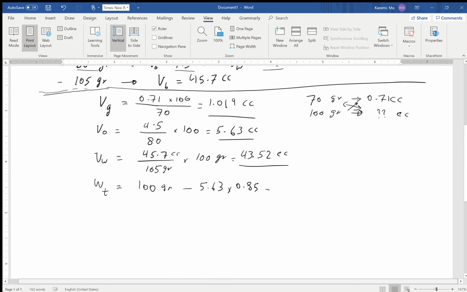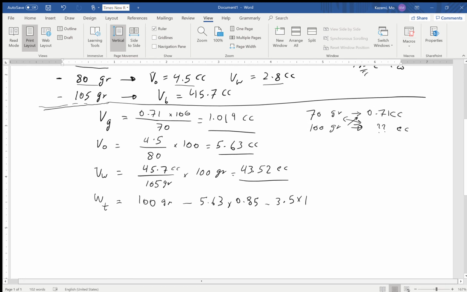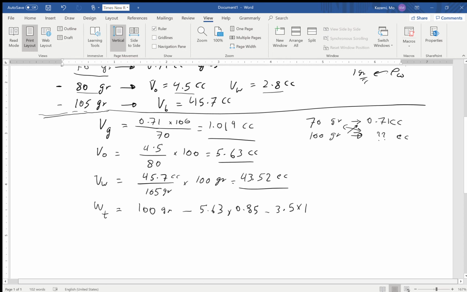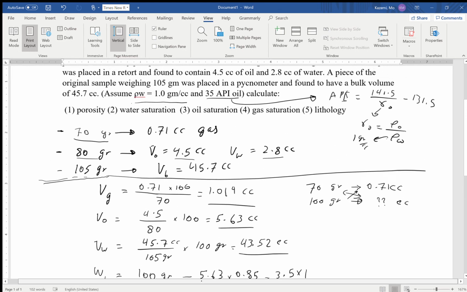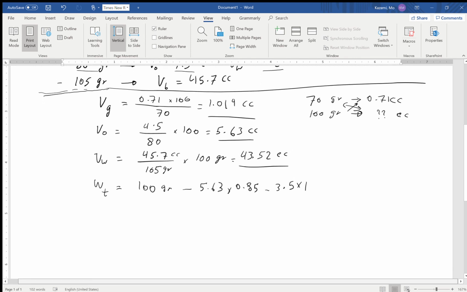And then this minus 3.5 multiplied by 1. Well, no, it shouldn't be 3.5. This should be the volume of the water in a 100 gram sample.